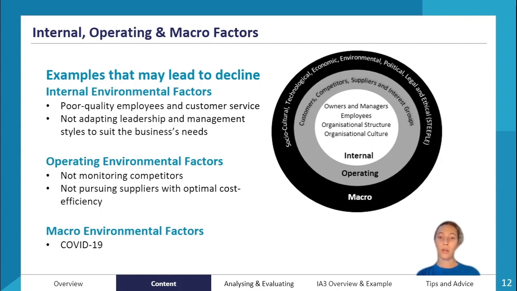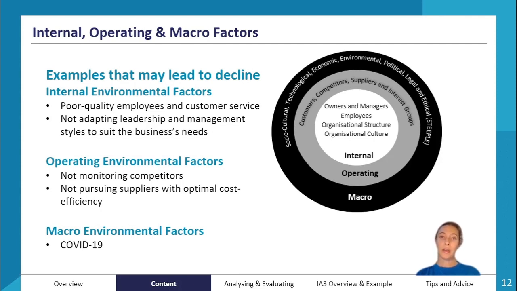You've got all of those people who are going to be influencing decisions and the way that the business can operate. Because if a competitor does something, then you need to monitor that and make sure you're not falling behind. Suppliers impact operations because you're reliant on them for making sure you've got stock for whatever it is that you sell. And of course, customers, you rely on them to keep your business moving.